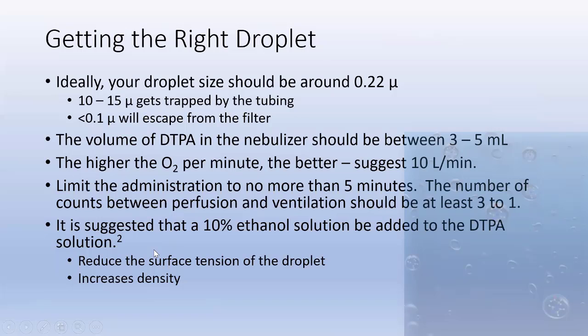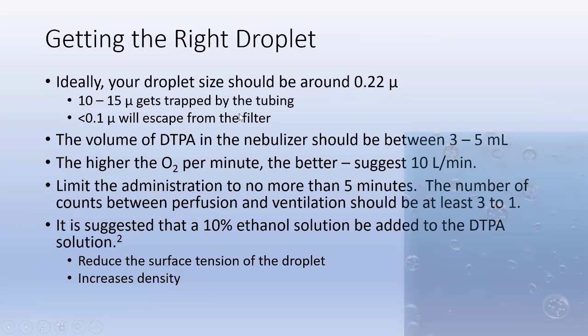So, getting the right droplet, here are a couple of things to throw out at you to make sure that you have a better ventilation scan from a droplet standpoint. First of all, you're going to shoot for somewhere around 0.22 microns. The tubing itself that is connected to the nebulizer unit will probably filter out the large droplets, 10 to 15 microns. They get trapped there.